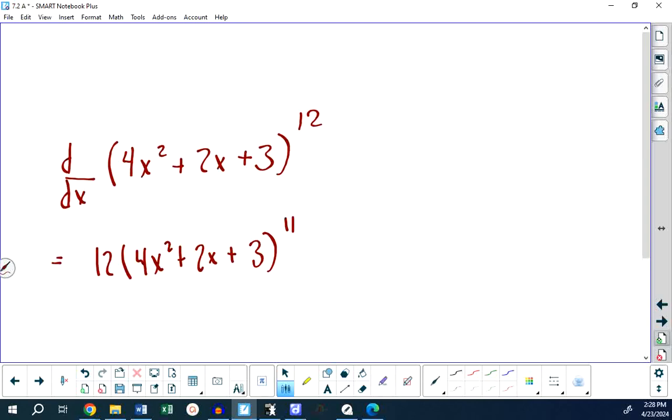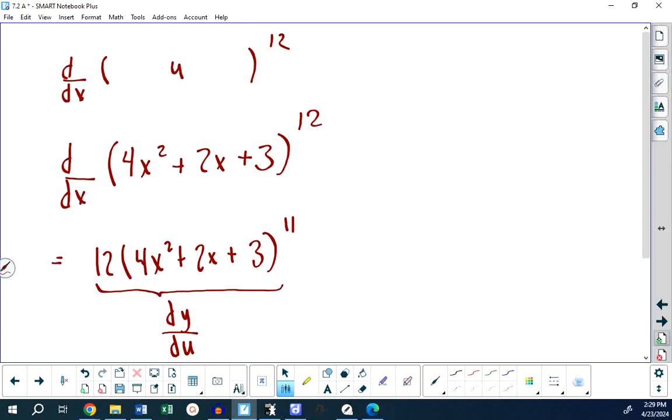Remember that? Okay. What I have written down so far is not the derivative of the function with respect to x. What I have written is the derivative of the function, I'll say y, with respect to u.